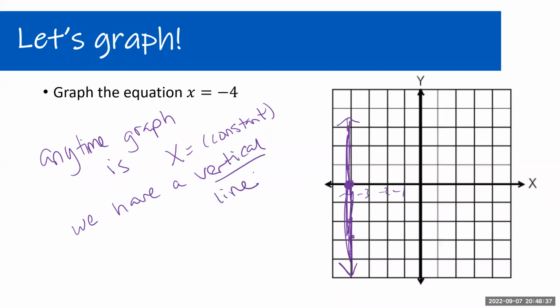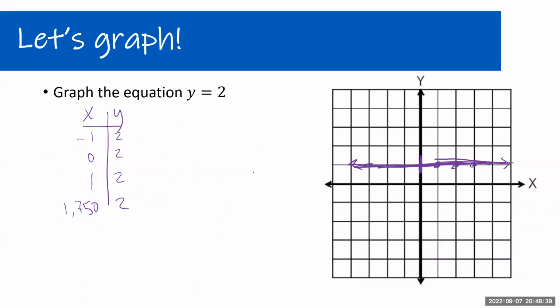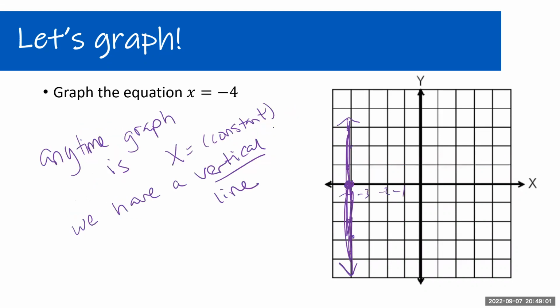Okay, we'll talk more about this next class. And anytime that we have y equals some constant, you're going to have a horizontal line. Okay, you can keep this in mind, and that'll help you with your intercepts. If you're ever unsure about your intercepts of these, sketch them. See which it actually crosses.